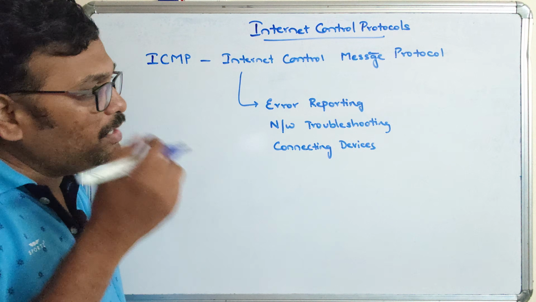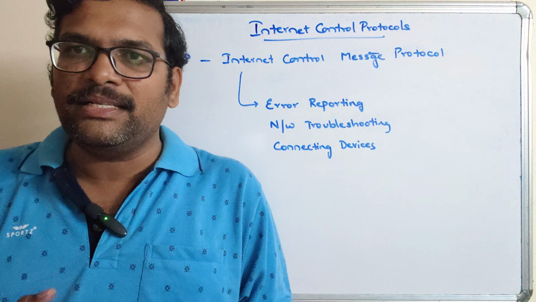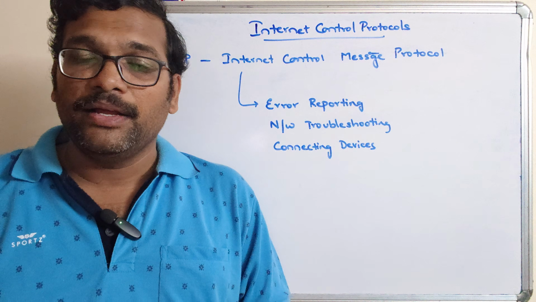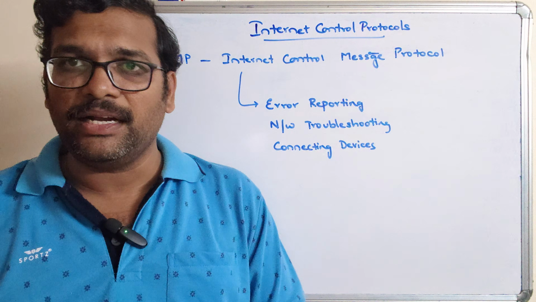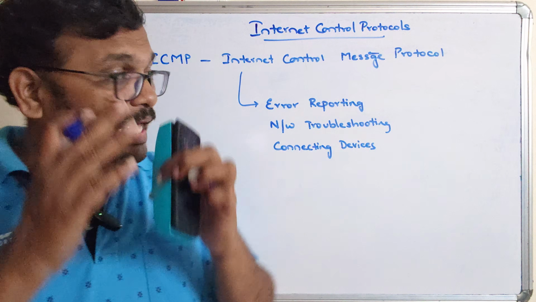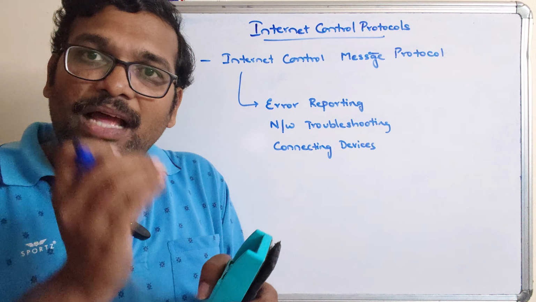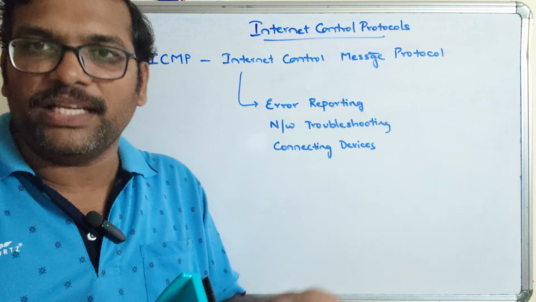Let me tell you more clearly. If the sender sends the data to the receiver, and due to some reason the receiver doesn't receive the data which was sent by the sender, then the router where the problem arises will send some message to the sender related to the issue.